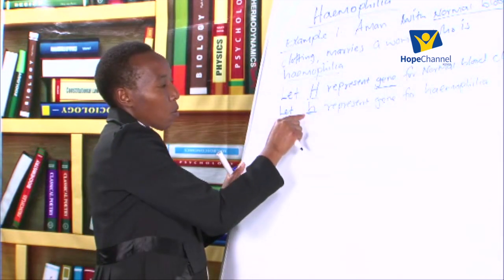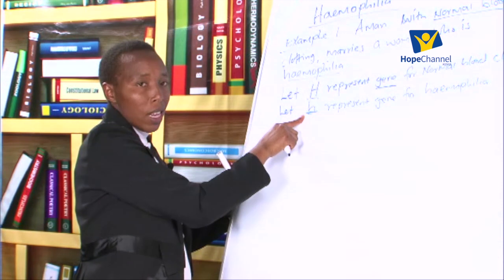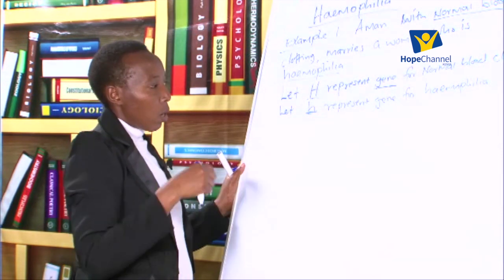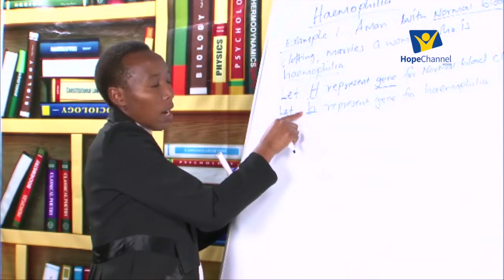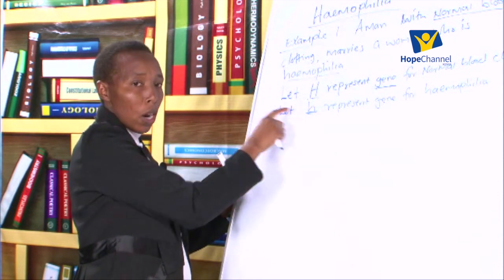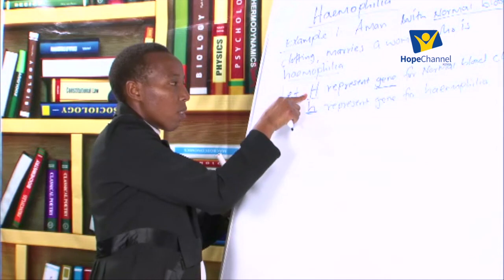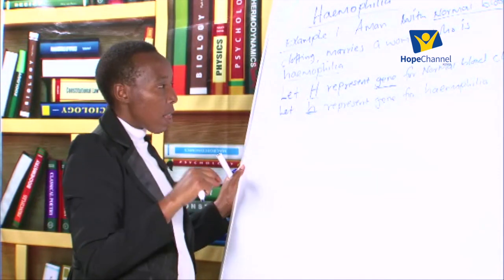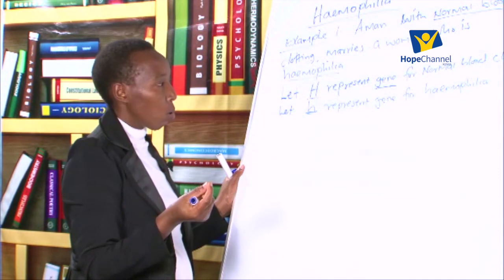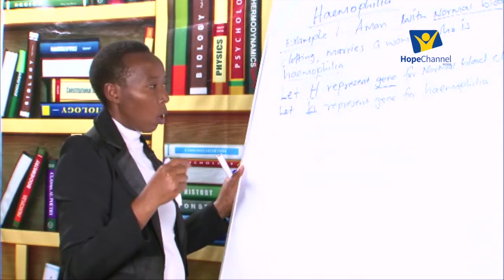Anytime we use a small letter, it represents a recessive gene. A recessive gene can only show in homozygous condition, and a dominant gene can show in either homozygous or heterozygous condition.